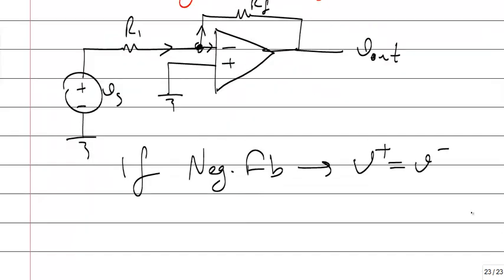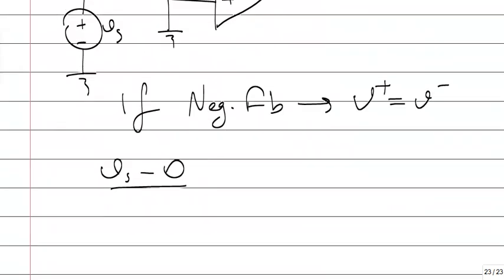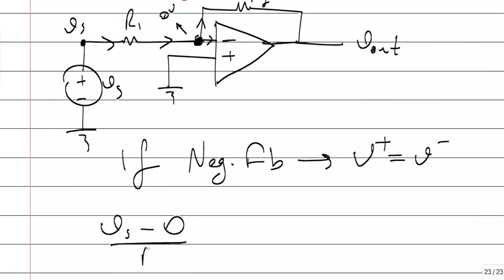So this is 0 volt because of the ground, and this is 0 volt because of the negative feedback, 0 volts. If you write a KCL equation, this current, what's the voltage of this point? V source. V source minus 0 volt divided by resistance R1 is equal to 0 minus this voltage, V out, divided by RF, resistance.